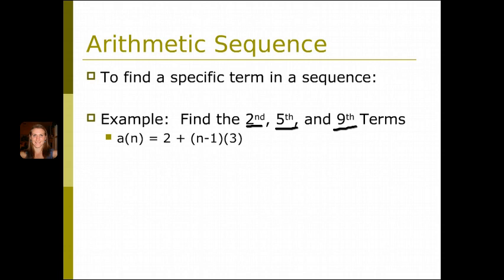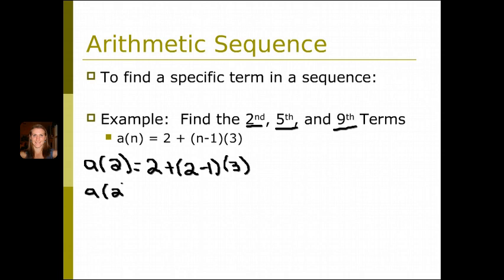So when we plug this in, if we're finding the second term, we would say a of 2 equals 2 plus the quantity 2 minus 1 times 3. If you say 2 plus the quantity 2 minus 1 times 3, you get that a of 2 gives you 5.